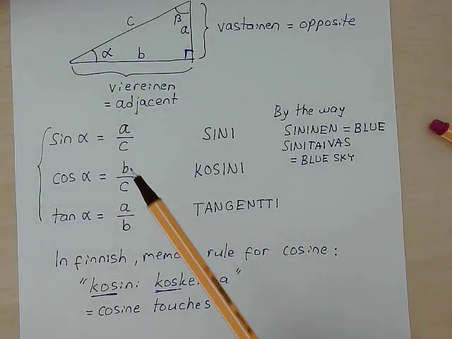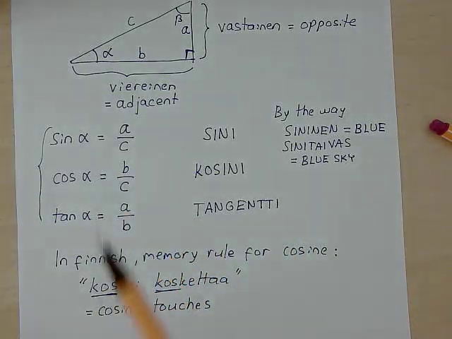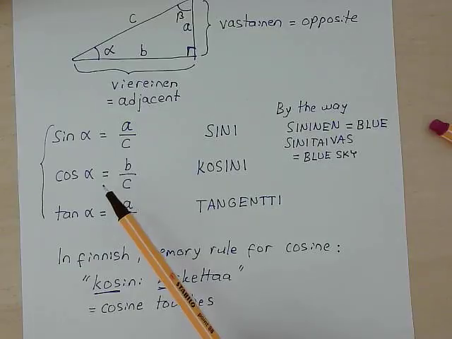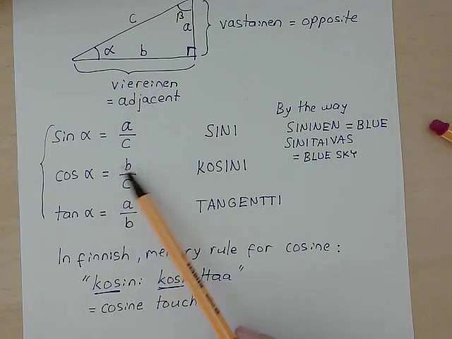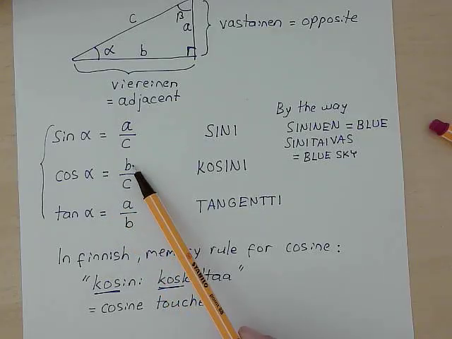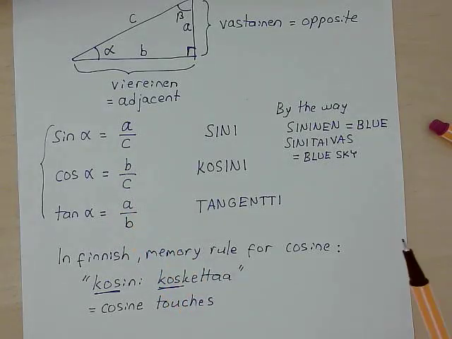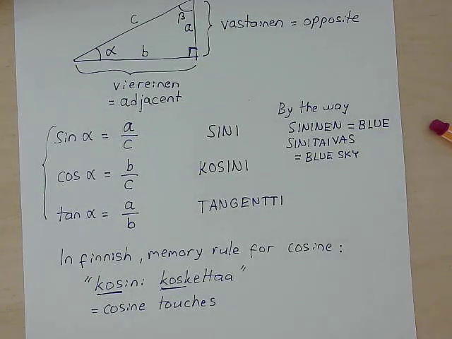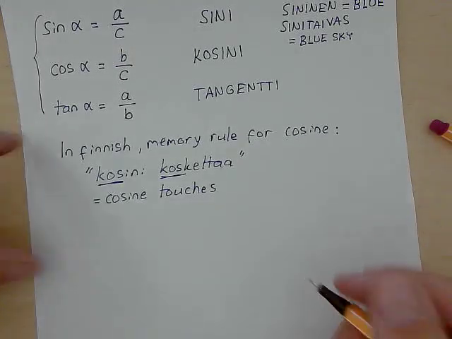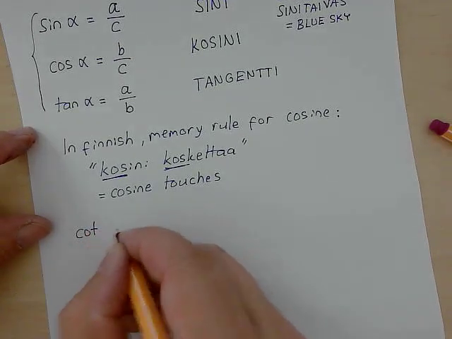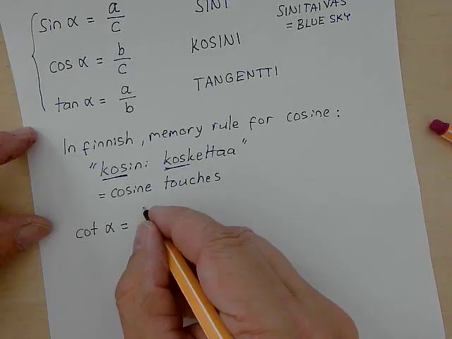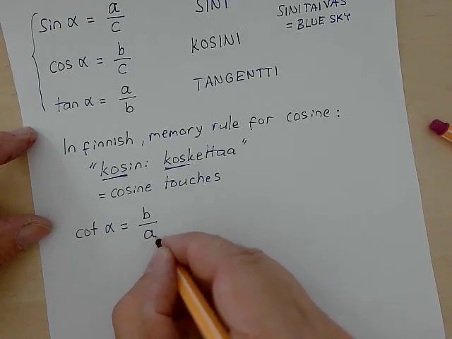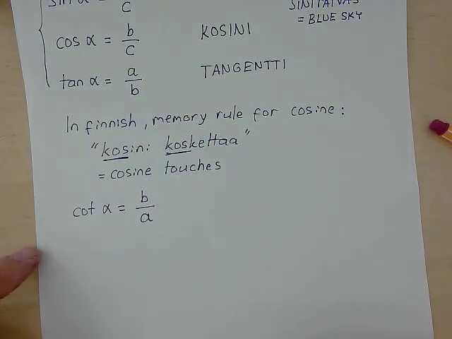Nowadays I maybe remember it more easily so that in cosine we have all these letters here, alpha, B, C. That's how I remember the cosine. There is cotangent also, it is the same as tangent, but in different order.